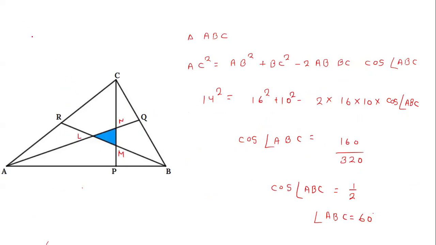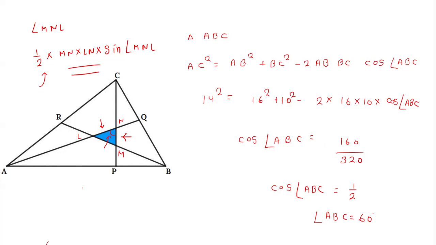Now the area of the triangle can be given that, let's say this angle is some angle M and L. So the area of the triangle is half times this MN times this LN times the sine of this angle. So in this way we can find out the area. So we have to find these sides and this angle.